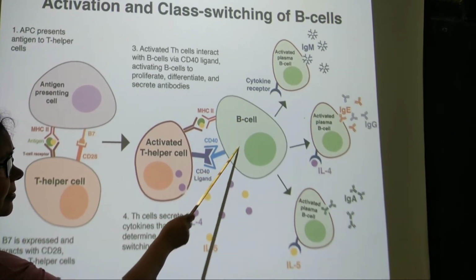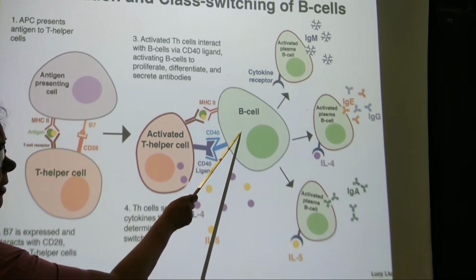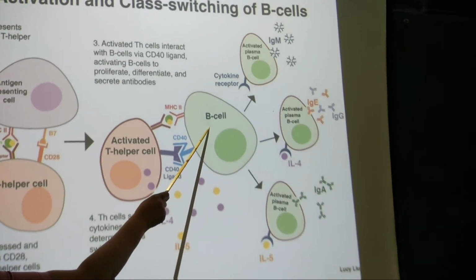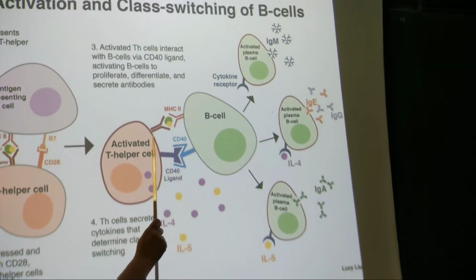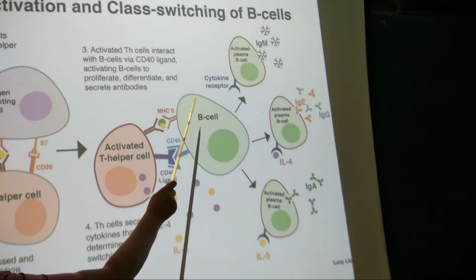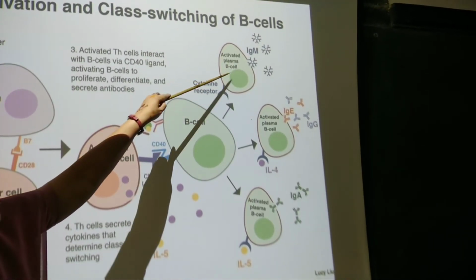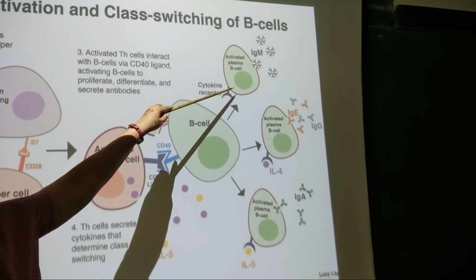You can see this is the B cell interacting with the T helper cell products and activating, and the cytokines are also there. These differentiate into plasma cells.